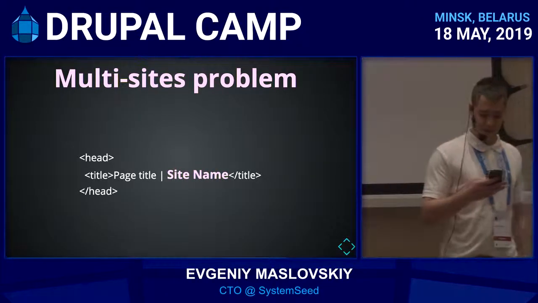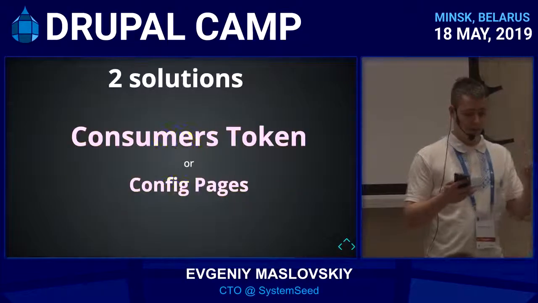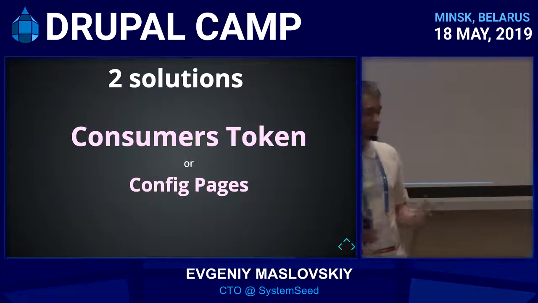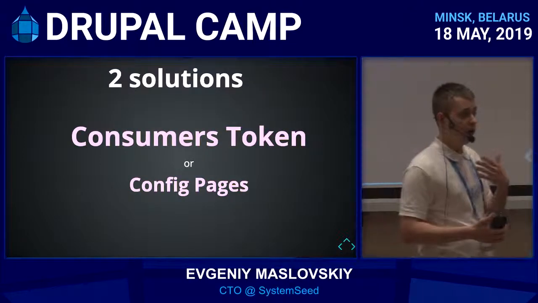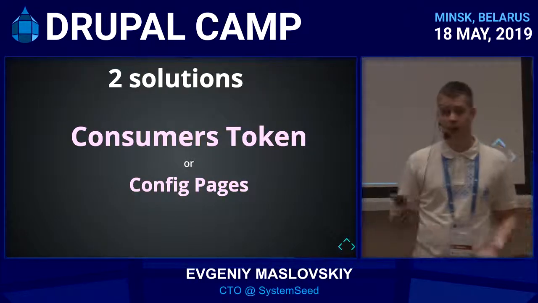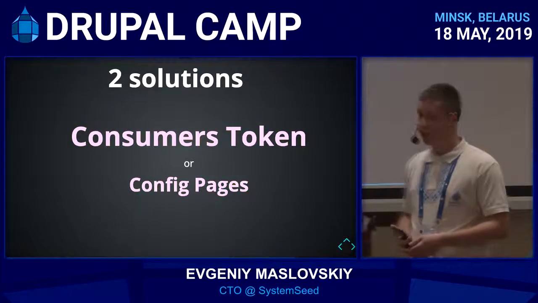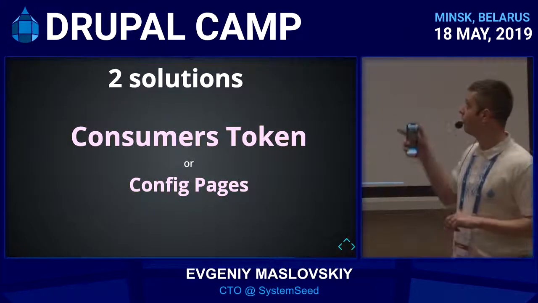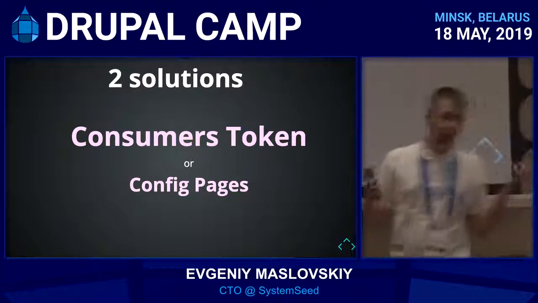Two solutions. Solution number one. If you're working with decoupled, you're likely using Consumers already for serving image styles at least, maybe for handling authentication and so forth. So for these people, we've built a little module called Consumers Token.